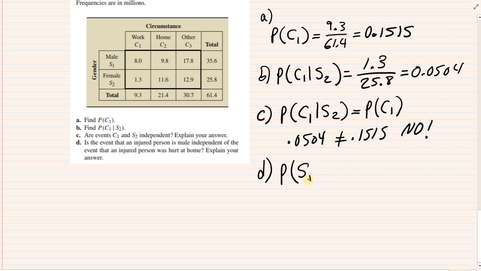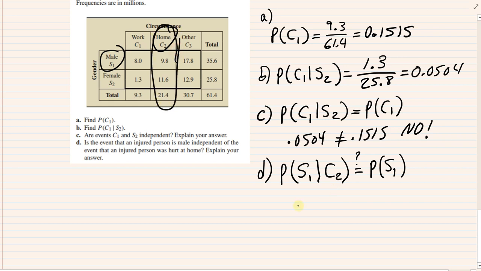Is it independent of the event that the injured person was hurt at home? So we want to know the probability of S1 given the person was hurt at home. Are those events independent? Okay, so let's see. We want to know if that's equal to the marginal probability of S1 regardless of the condition imposed on it. So probability of S1 given C2. Well, given C2, we're going to look at 21.4 in the denominator.